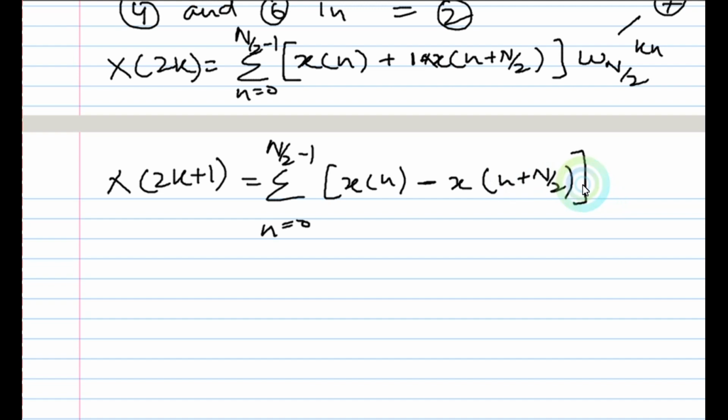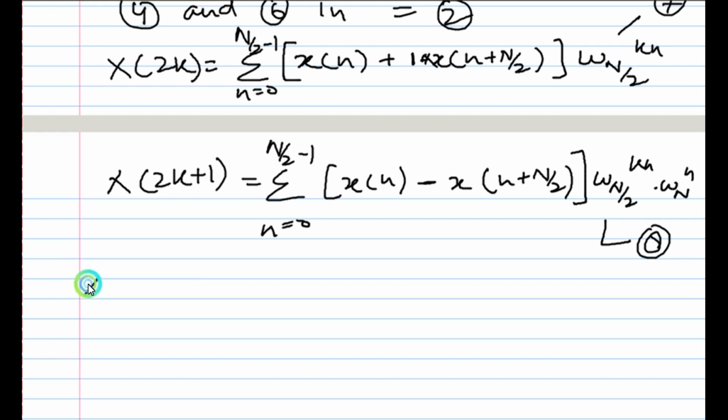Then we had W n raised to 2k plus 1 into n. So this term will change to W n by 2 k n multiplied by W n raised to small n. Let's name it as 8.